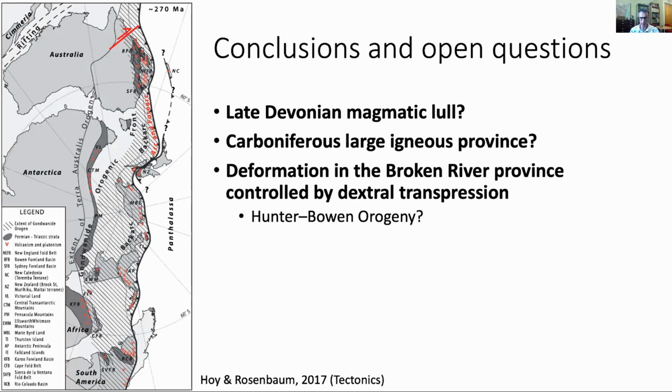So the timing of this large-scale deformation is yet to be determined, but it could possibly be linked to the Hunter-Bowen orogeny, or better known, the Gondwanide orogeny globally that affected the Gondwanan margin during the Permian and Triassic.